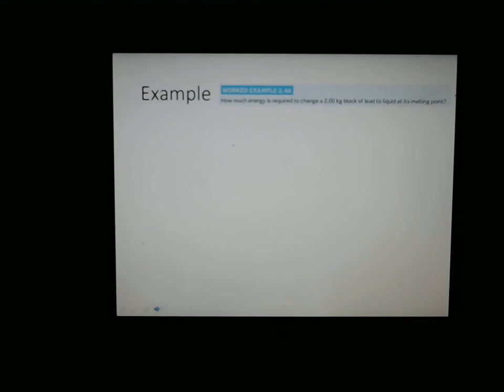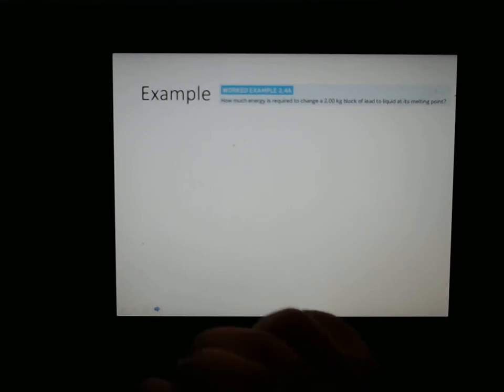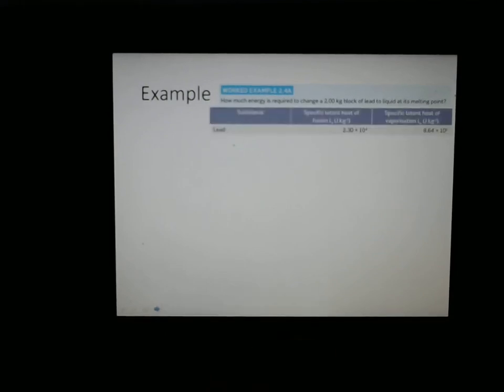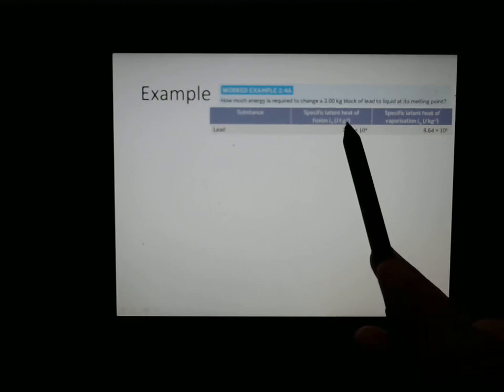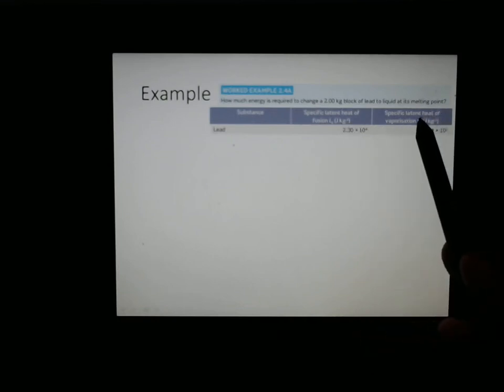If they wanted you to work with steel, they'd have to give it to you in the question, for example. They might ask you to work it out for steel. However, they'd have to give you all the other values that you'd need. So, on, I believe, either the same page as the worked example or the previous page, there is a table that has substance, latent heat of fusion, and latent heat of vaporization.